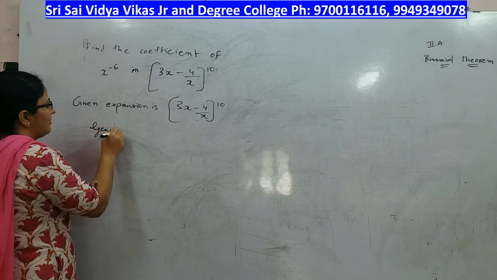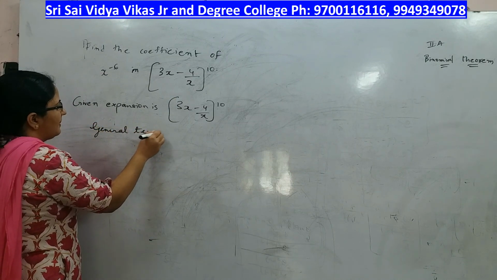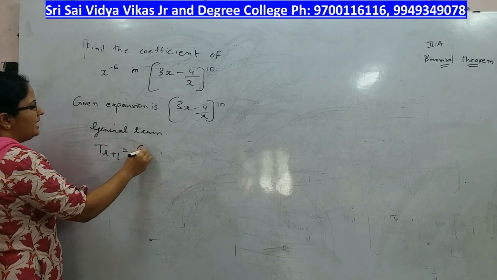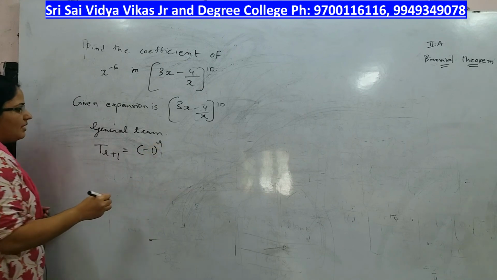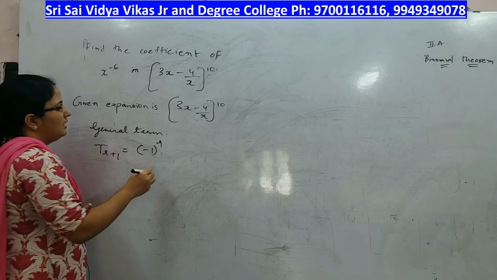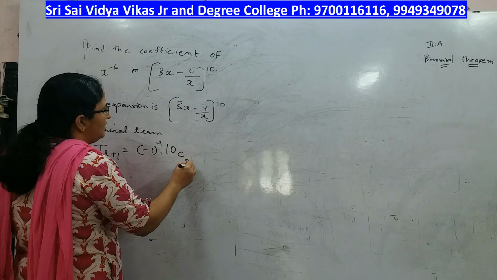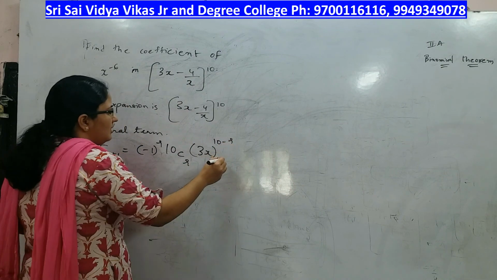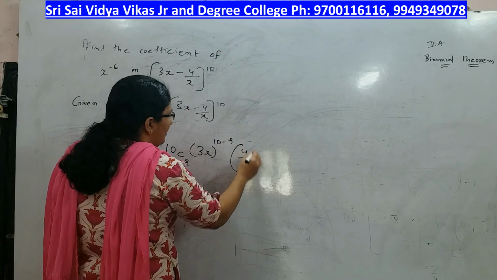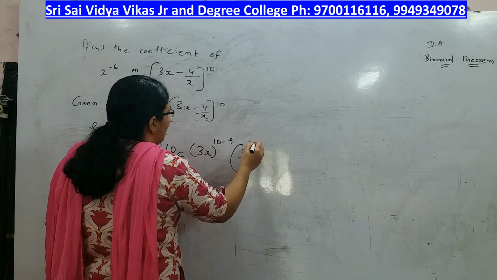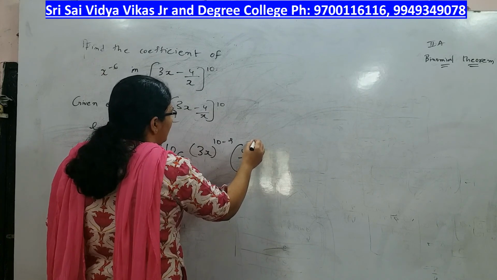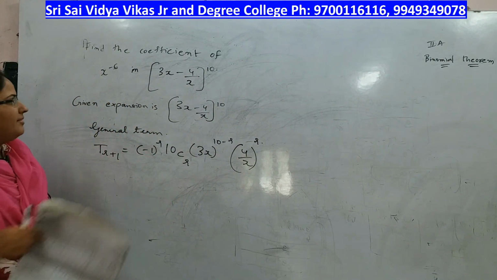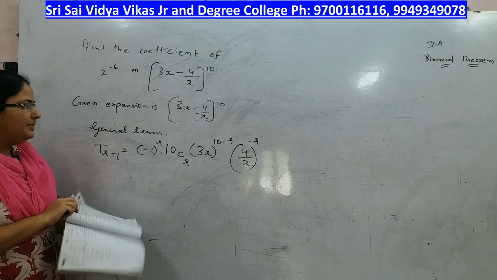General term: Tr plus 1 is equal to minus 1 whole power r, 10 Cr (3x) whole power 10 minus r, (4 by x) whole power r. So this is what you have.